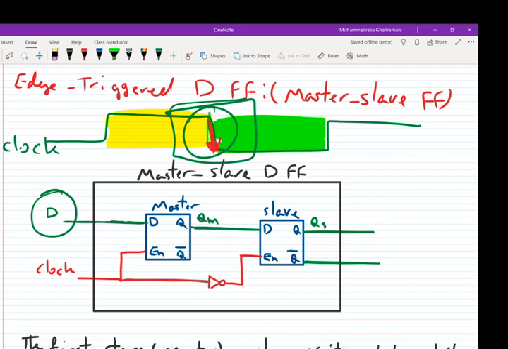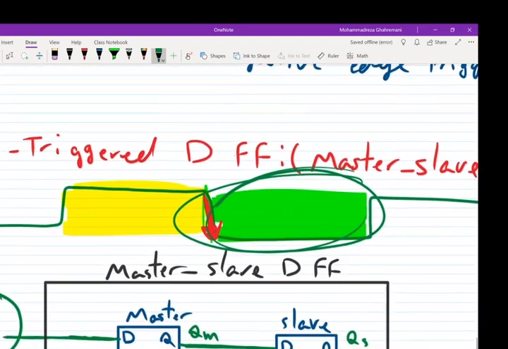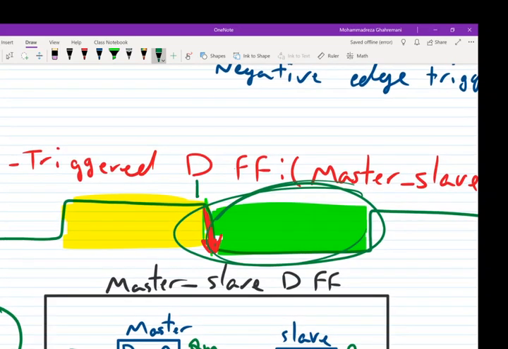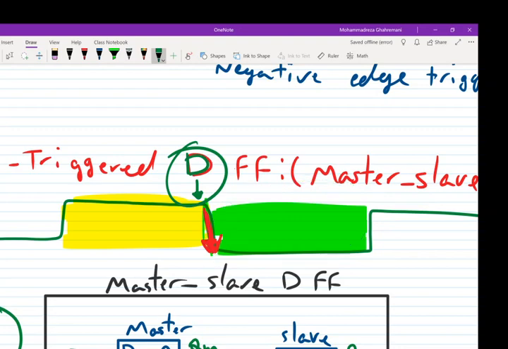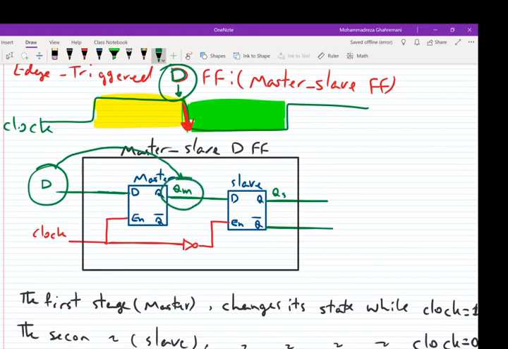What is the value of QM during this half cycle? The value of QM in this half cycle is the last value of D before the transition. The last value of D is moved to QM at the transition.